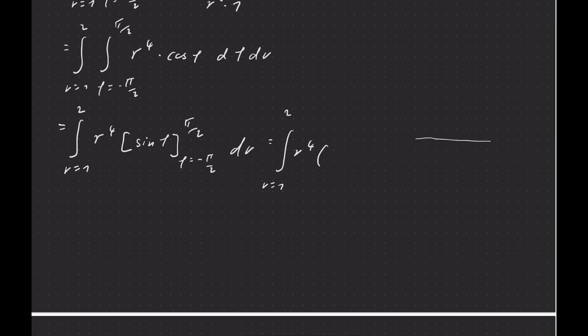Remember, the sine basically looks like this here. Here's pi over 2. Here's 3 pi over 2. Same thing if we go into the negatives. Here's minus pi over 2. So we get a value of 1 for pi over 2, and a value of minus 1 for minus pi over 2. So that's 1 minus minus 1, so finally we have 2 r to the fourth dr.